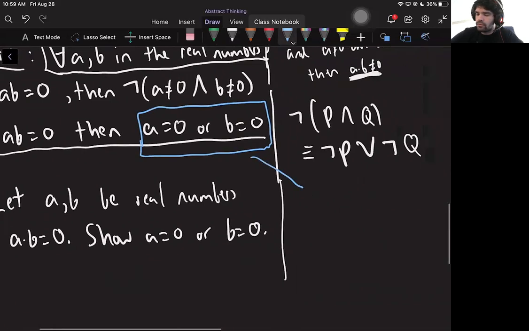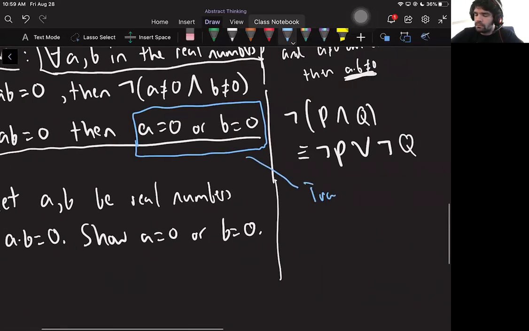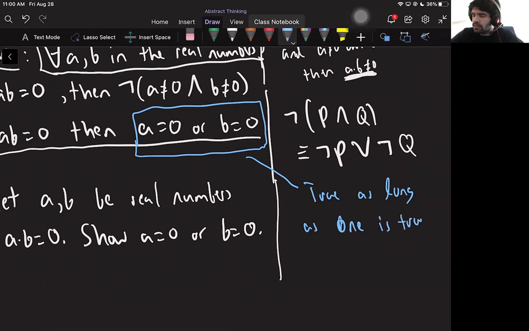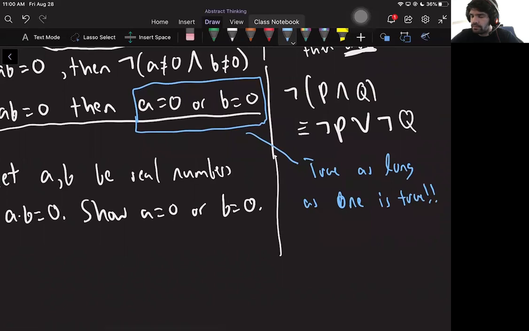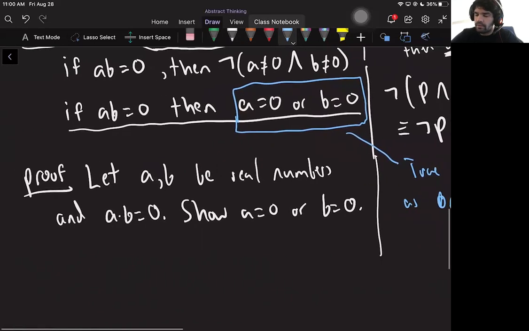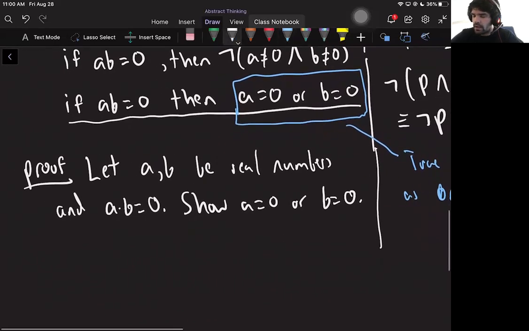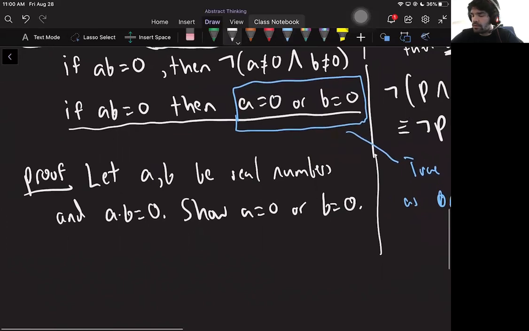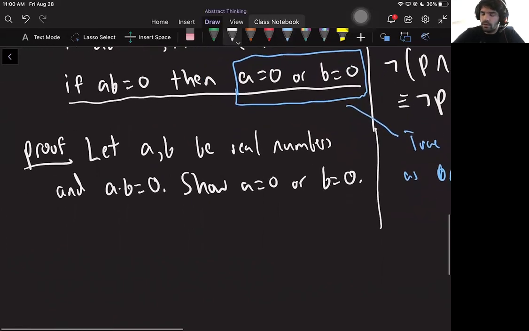So this is true as long as what? As long as one is true. I don't need them both to be true. So we're going to pull a little trick here. I'm going to imagine a case where one of them is false. So I'm going to add an additional assumption.